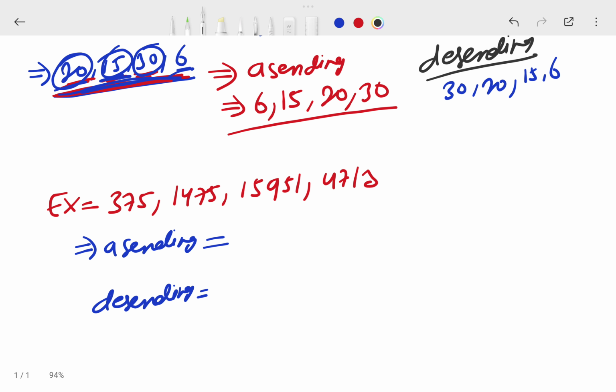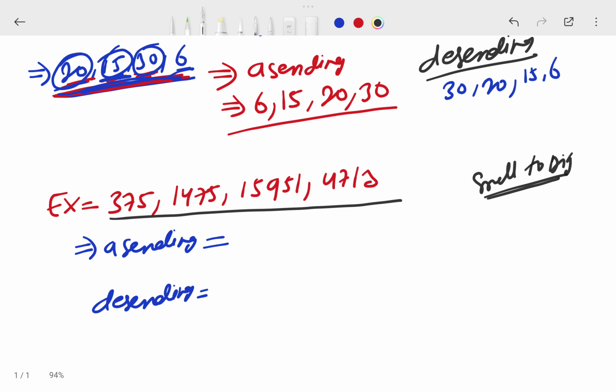So let's write ascending. Ascending means what? Small to big, simple. Small to big, that is called ascending. In these numbers, which is the smallest? This is 3 digits, this is 4 digits, this is 5 digits, this is 4 digits. Only this is the smallest, 375.